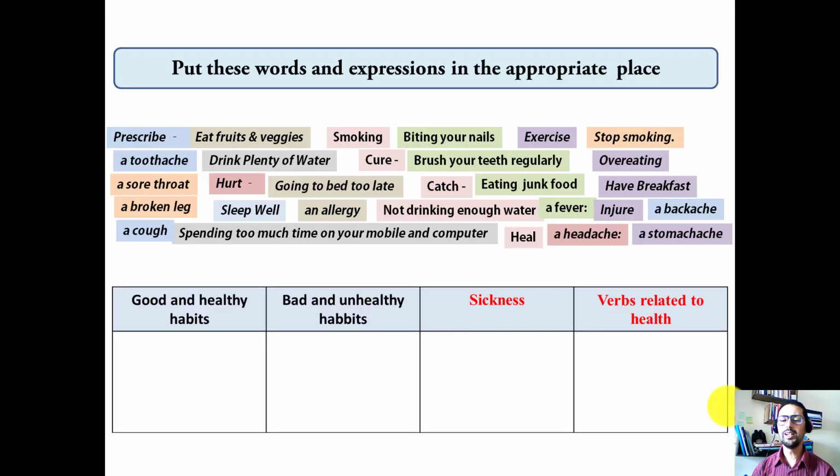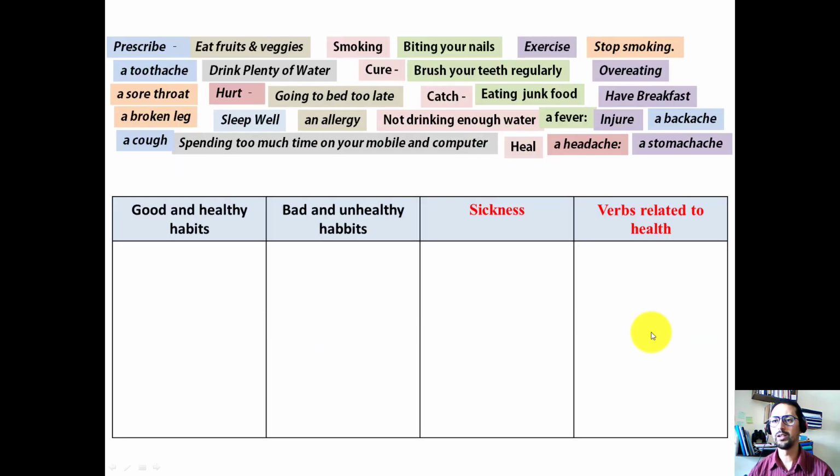Well done. Let's move now to exercise number 2 and the last one. Here you are going to put these words and expressions in the appropriate place. We have good habits, bad habits, sicknesses, and verbs related to health. So your job now. Prescribe, good, a verb.